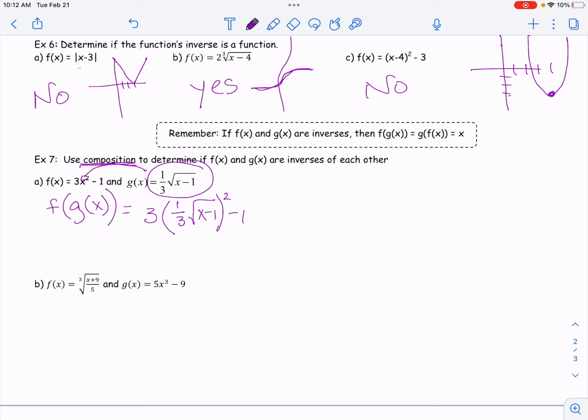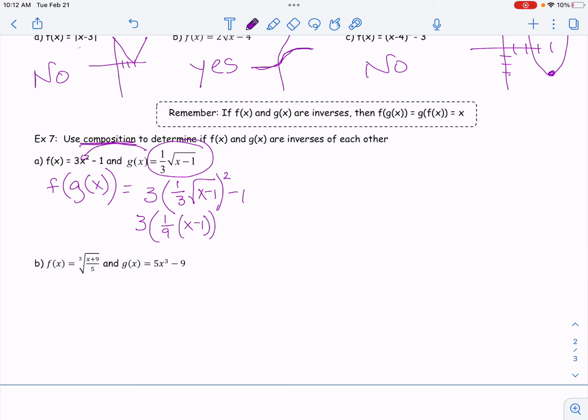Everything else stays. So when I square this, it is going to be 3 times 1/9 times x minus 1. So this would be 3 times 1/9, or let's take care of the inside.